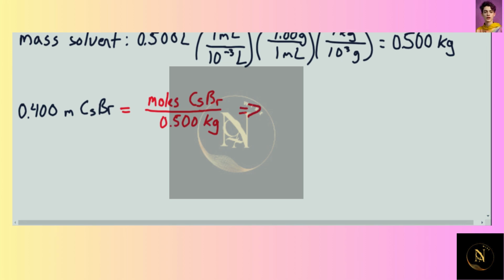So if we multiply both sides by 0.5, then we can calculate the moles of cesium bromide as being 0.200 moles.